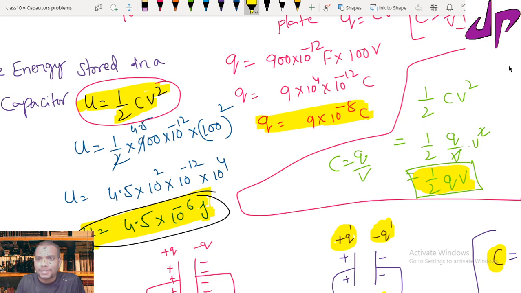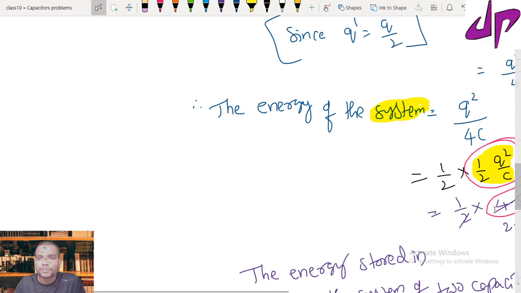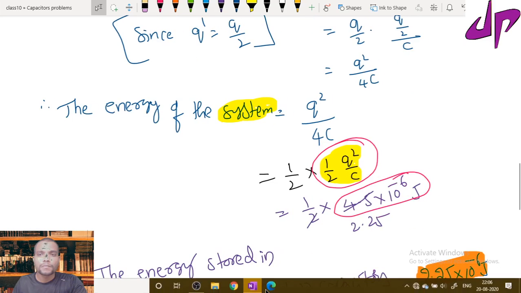Don't think otherwise. So how did I get the value here? I solved half cv square. In this expression, half cv square, 4.5 into 10 power minus 6 joule, I substituted that expression directly here in the place of half q square by c. So how did we get it?